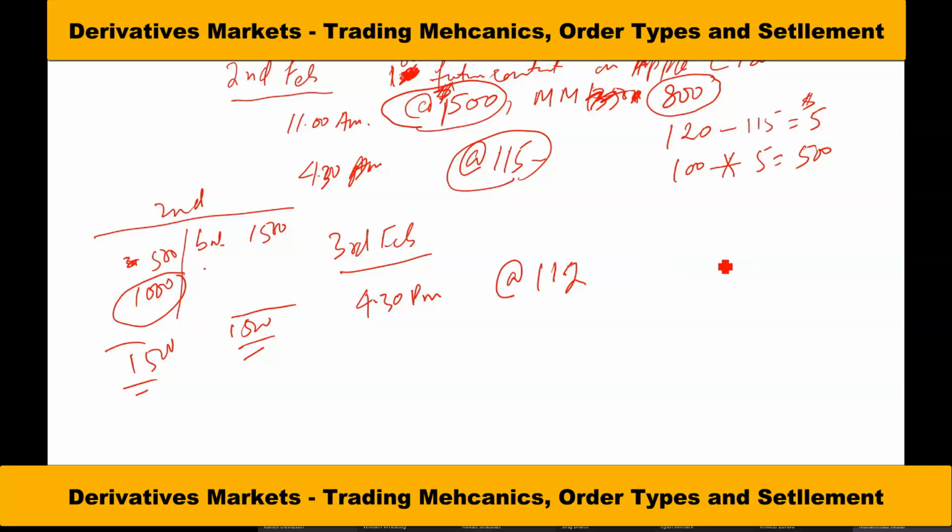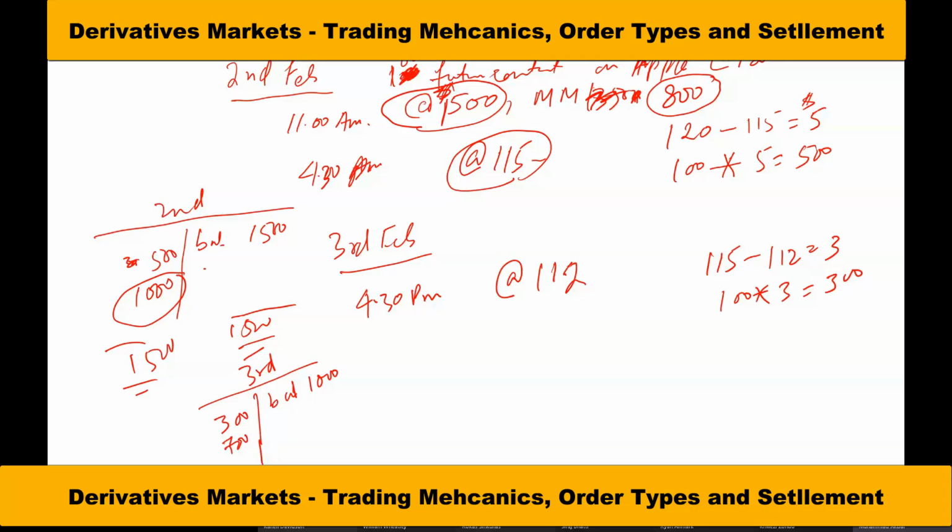So I have suffered a loss of 115 minus 112, that will be 3. So 100 into 3 is equal to 300 is my loss. So the 3rd Feb account would look like the balance was 1,000 and I suffered a loss of 300. So my closing balance is 700.